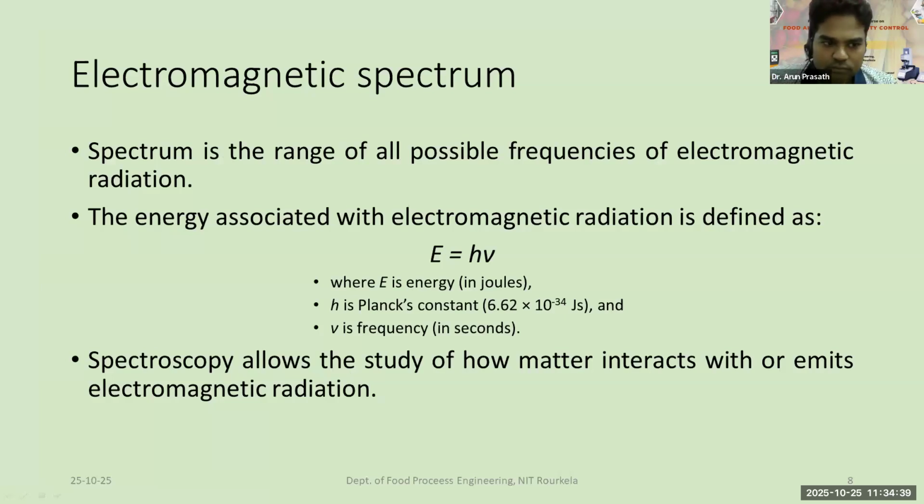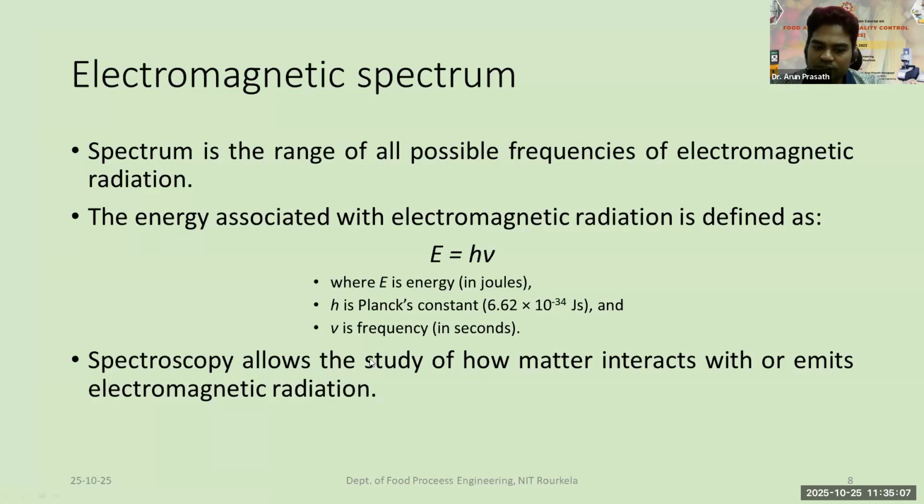Now the electromagnetic spectrum is a range of all possible frequencies of electromagnetic radiation, as I showed in the previous slides. The energy associated with electromagnetic radiation is defined as E equals hν, where E is the energy in joules, h is the Planck constant, which is 6.62 × 10^-34 joule seconds, and ν is the frequency in per second.